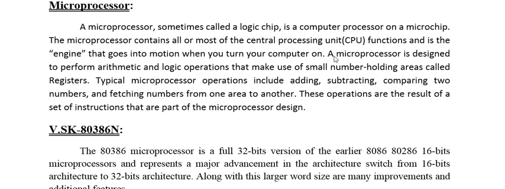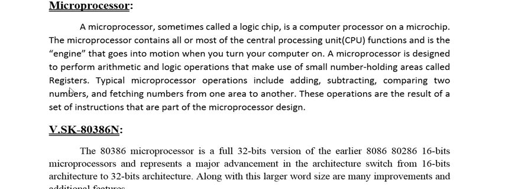A microprocessor is designed to perform arithmetic and logic operations that make use of small number holding areas called registers. So a microprocessor does have registers. Registers are small holding areas, or small storage areas.